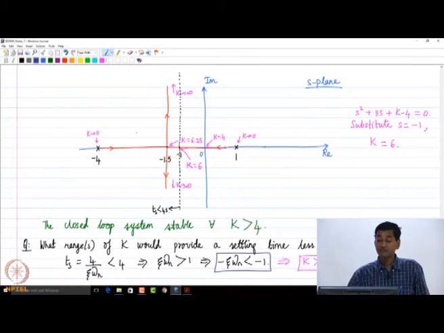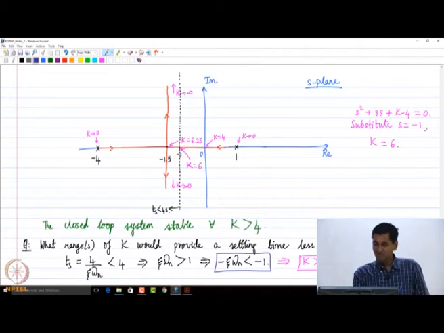To the left of the breakaway point, k goes from 0 to 6.25. So you pick any value of s, substitute it here, and you will get the corresponding value of K, right? You are asking about this range, from minus 4 to minus 1.5.